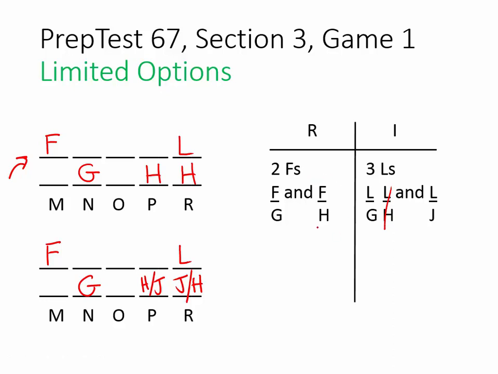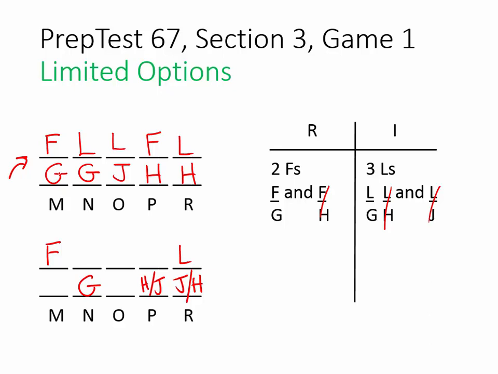The only other H that we can have is paired up with an F, so that must be an F. The only place that we're able to write an LJ in is right there. And what we're left with, so we have LH, LJ, and FH, is an LG and an FG, meaning that this must be our L and this must be our G. We've been able to complete the entire chart.